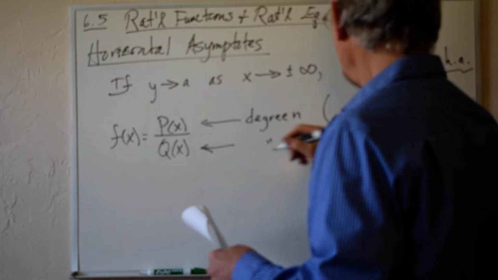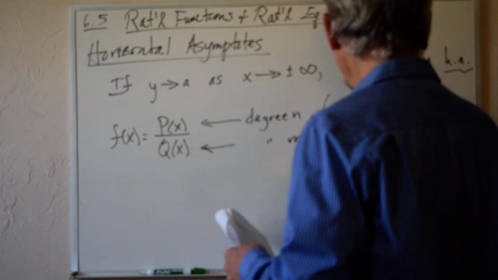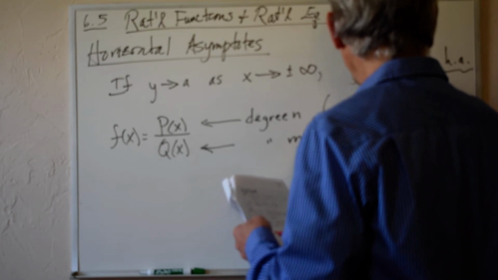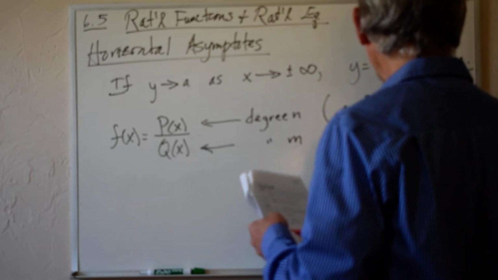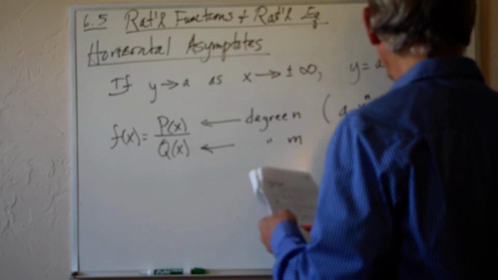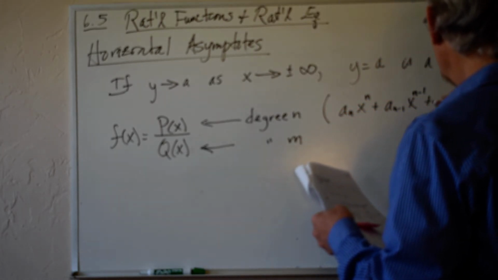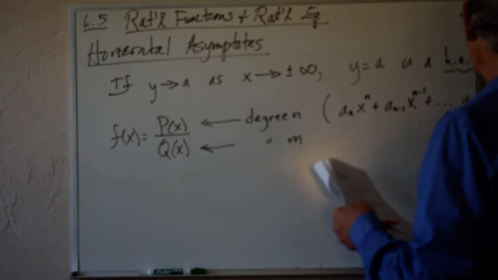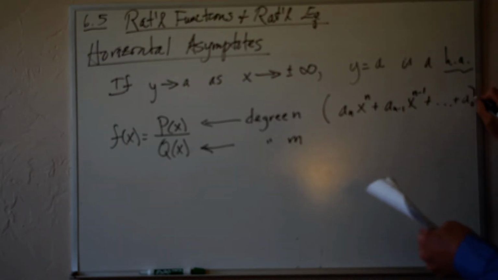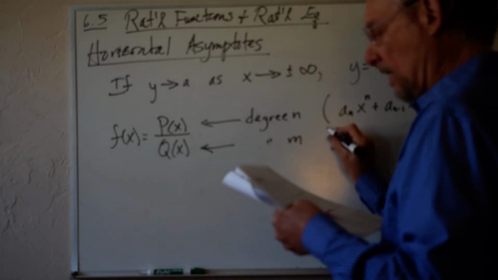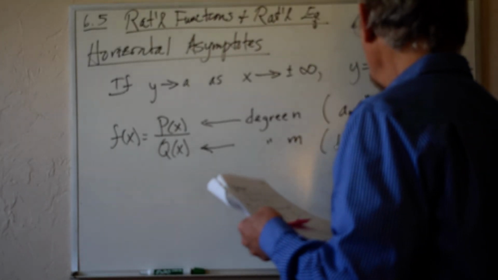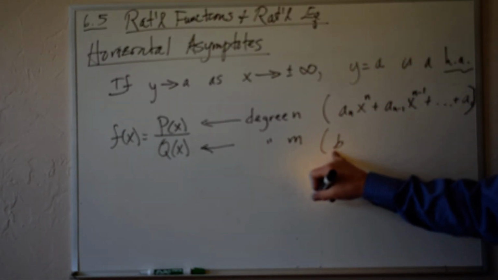Well, that means that p of x looks something like this: a sub n times x to the nth, plus a sub n minus 1 times x to the n minus 1, and so on and so forth all the way down to a sub 0. And that means that q of x looks something like this. Let's call its coefficients b.